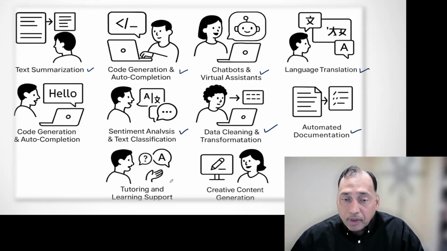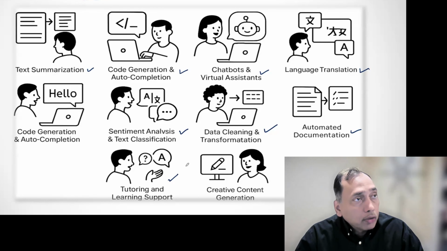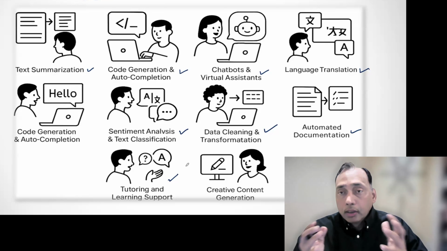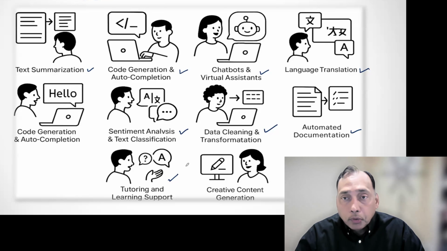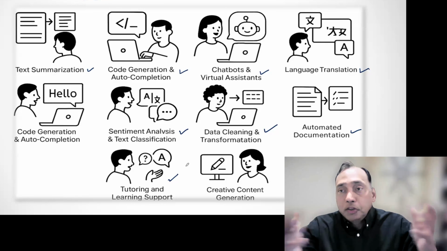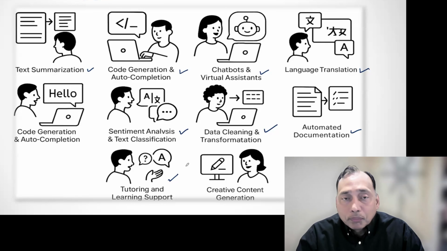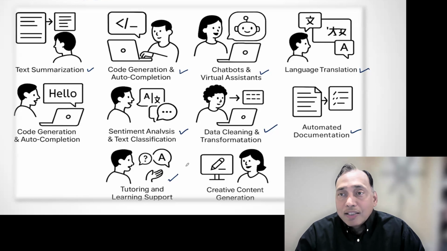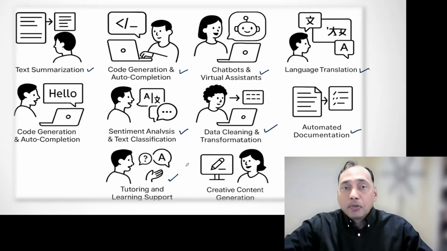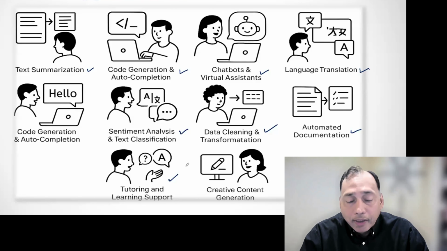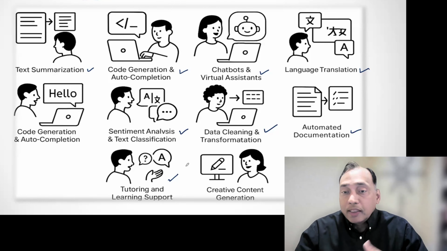Tutoring and learning support. One of the large language models by Google, you can go in and share your screen, whatever you are working on. It could be an Excel file, and it will understand that you're working on an Excel file, and let's say you have lots of data in that, and you can talk to that assistant.